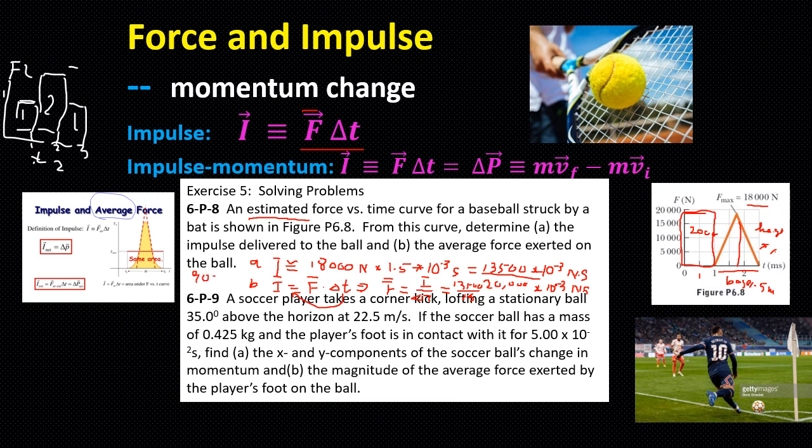Usually you have to explain what the result means physically. Okay, 9,000 newtons, what does it mean? The bat on average acts with a force of 9,000 newtons. How strong is 9,000 newtons? Compare to the weight of a 1 kilogram object. 1 kilogram senses gravity of 9.8 newtons.